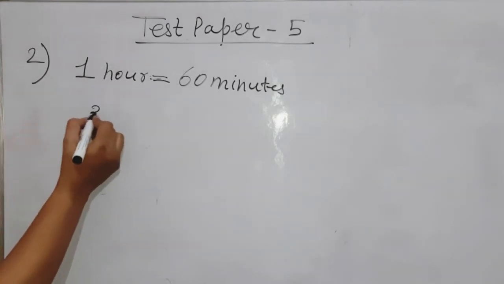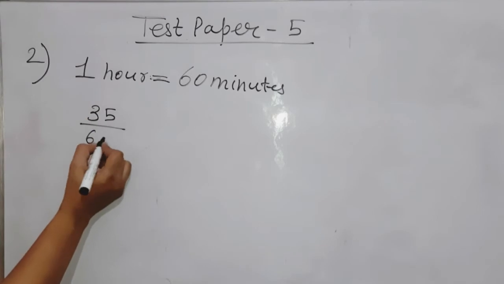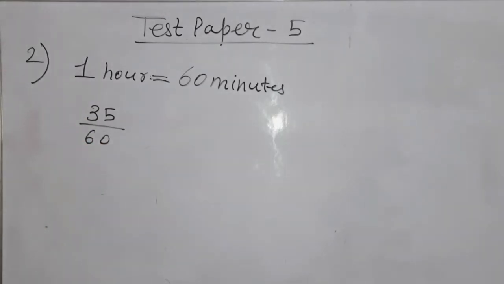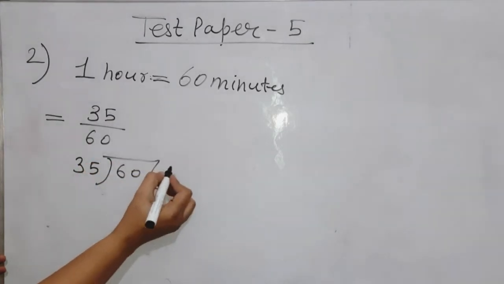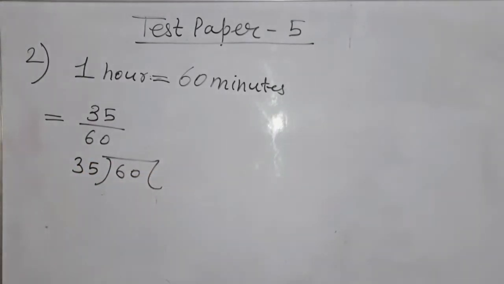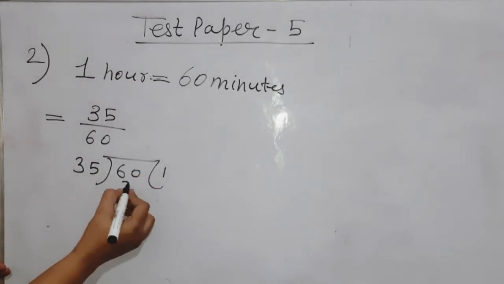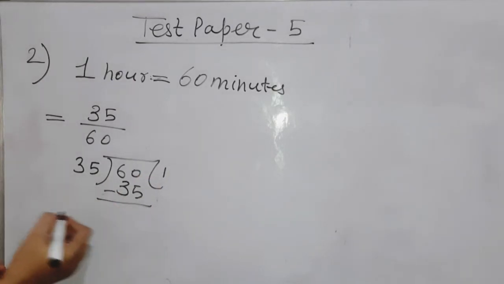So 35 upon 60 will give you the fraction. Okay. So can it be reduced? How to reduce this 35 upon 60? In order to reduce it, you have to find out the HCF of 35 and 60. Okay students. So 35 ones are 35, because 35 twos are 70, that is more than 60.